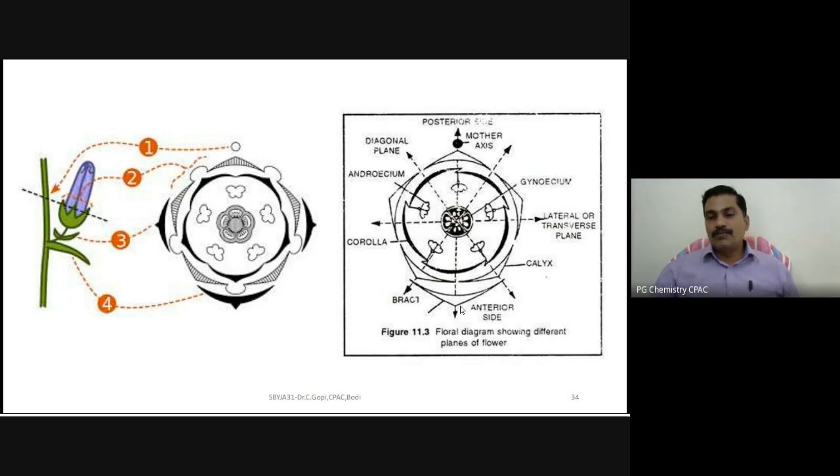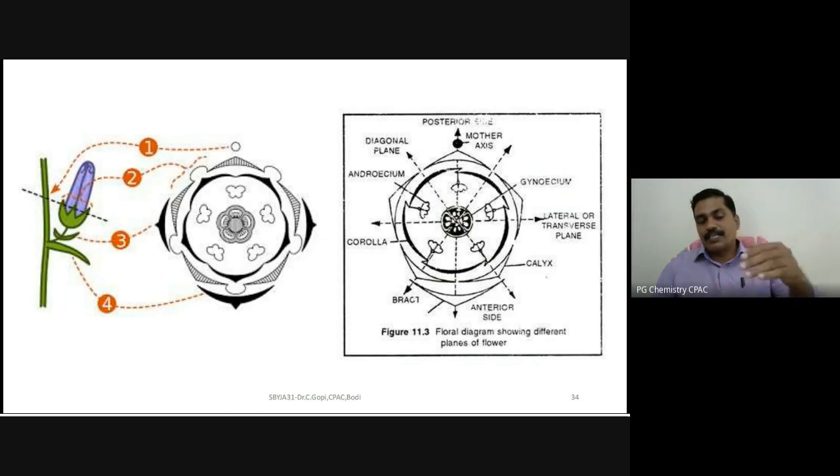If it is actinomorphic flower, it should be like this. When you take any section, each piece is of equal nature. So with this, the description of floral or morphological characters is over.